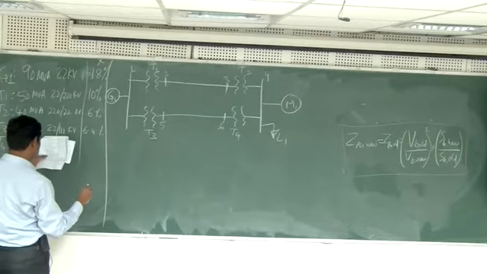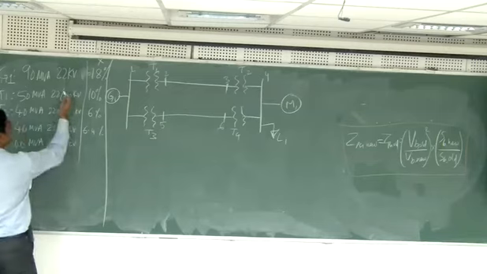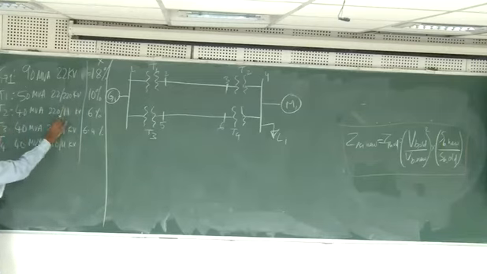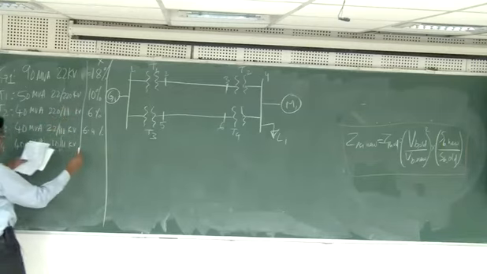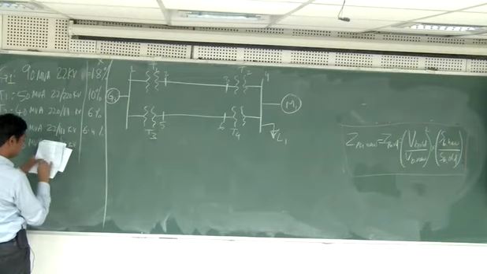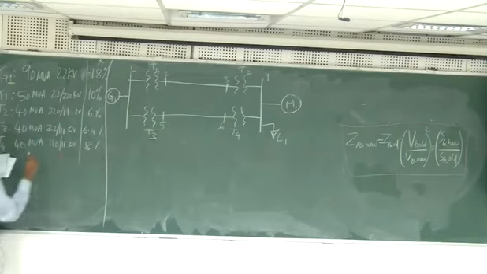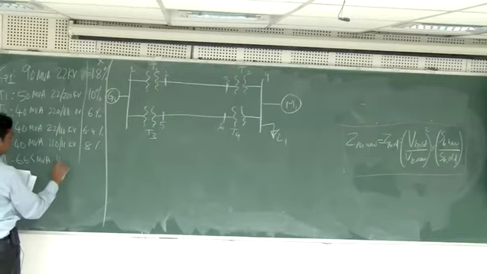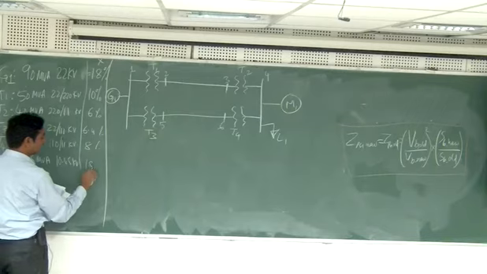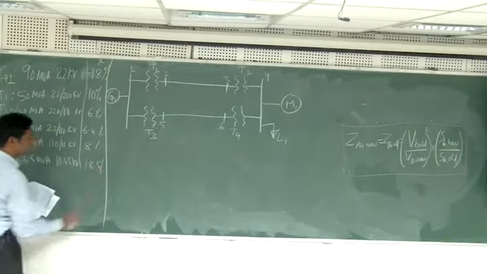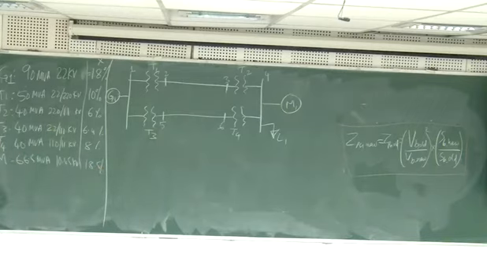Sorry, this is 11, just take a note. So T4 is 8%, and the motor which is there is a 66.5 MVA rating at 10.45 kV voltage rating, and its reactance is 18.5%. So this is about the motor.